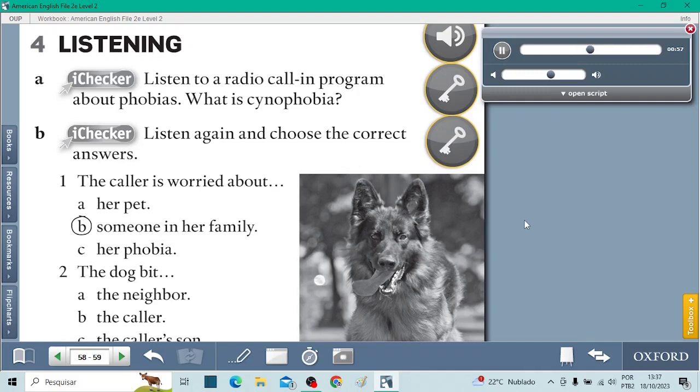James panicked and tried to hide behind me, but the dog jumped on him and bit him. It wasn't a serious injury, but we're very worried that he'll be afraid of dogs now. We don't want him to get a phobia. What should we do? Well, Cynthia, you're right to be worried about this incident because cynophobia, that is, a fear of dogs, is often caused by a bad experience with a dog as a child.